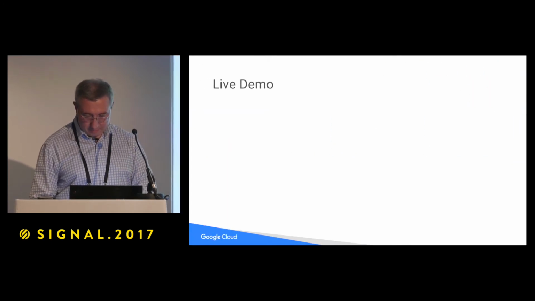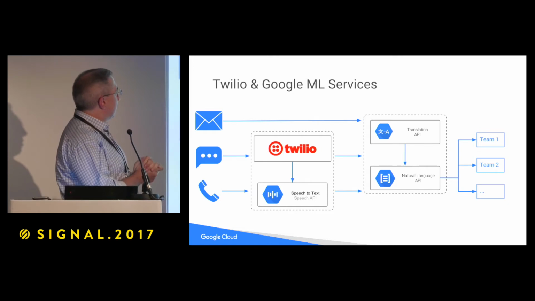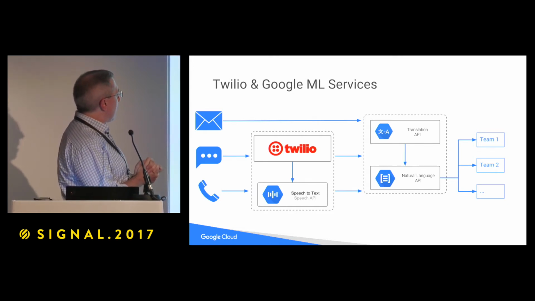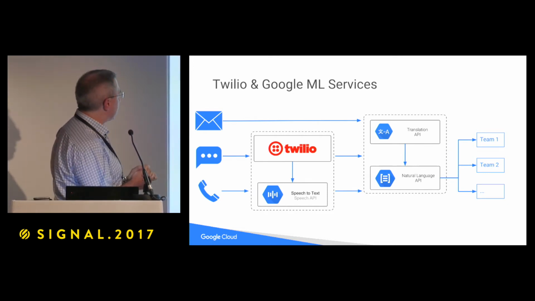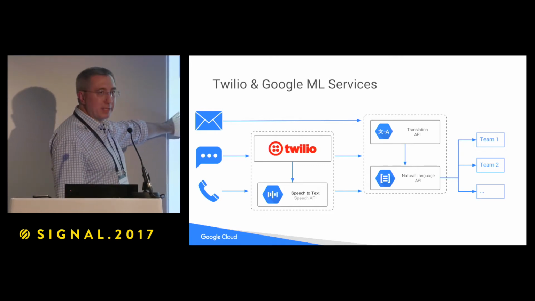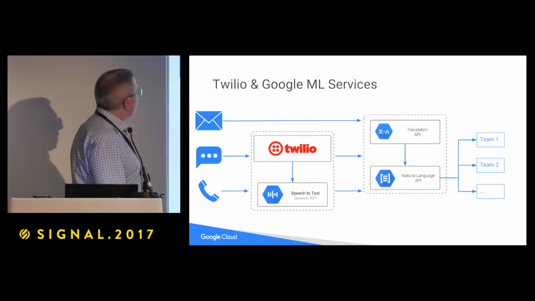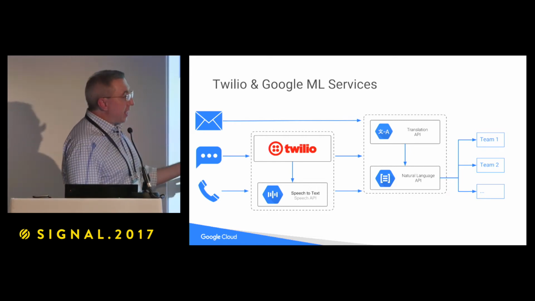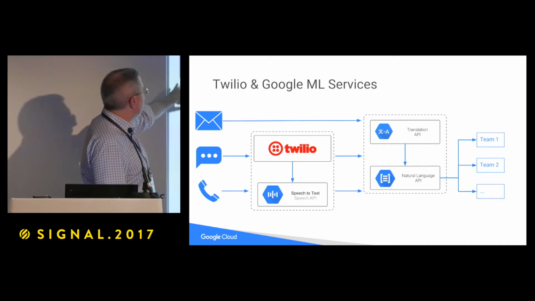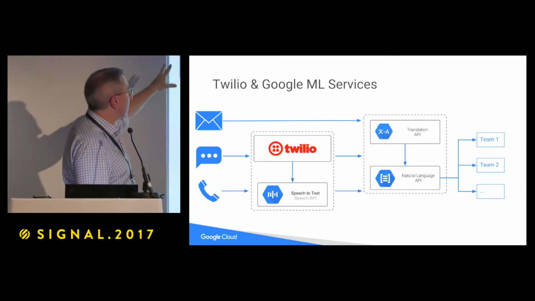So maybe I'm going to explain a little bit more what I did. Here, I'm using Twilio APIs to process SMS and to process calls. The first thing I did before using Twilio is using text, so an email or simple text.